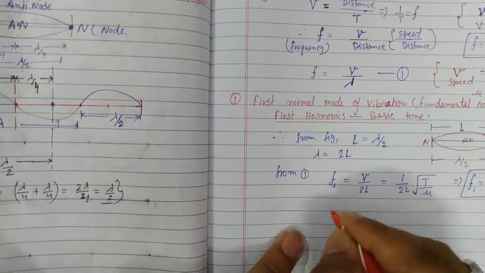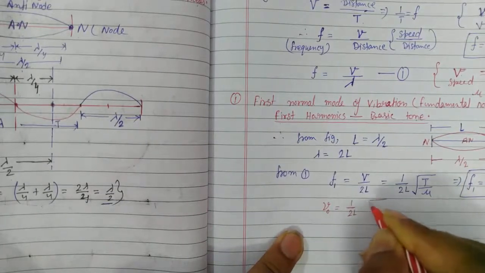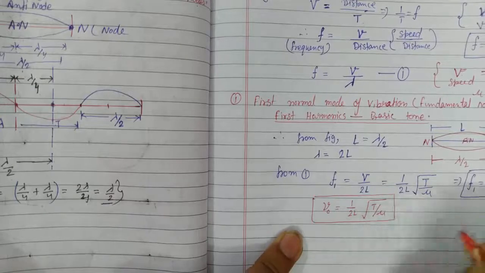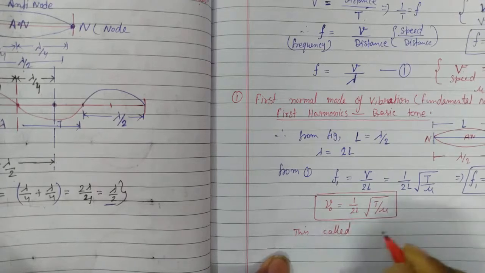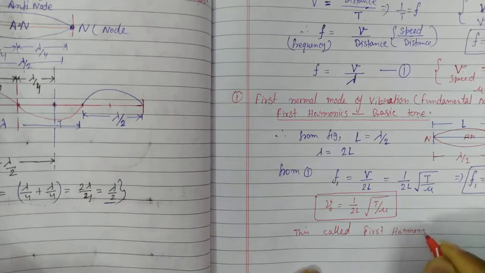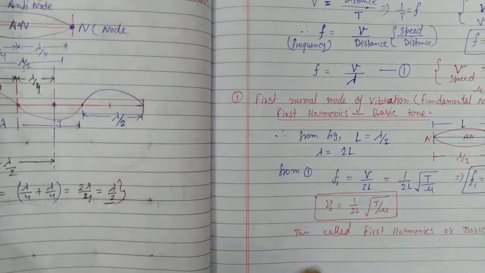That is, nu naught is equal to 1 upon 2L under root T upon mu. This is called the first harmonic, or basic note, or basic tone.